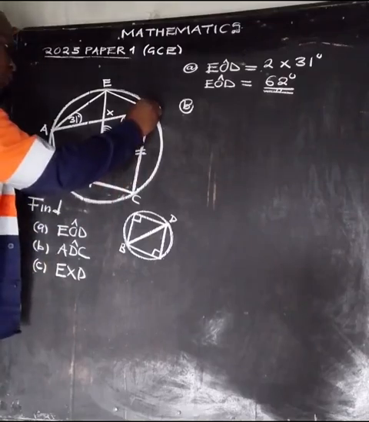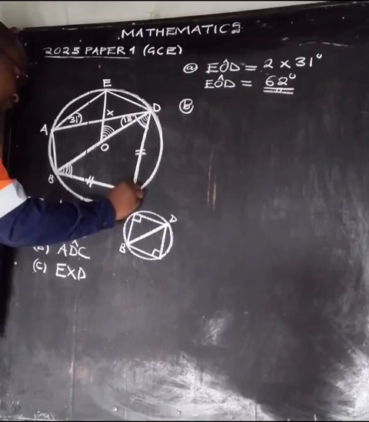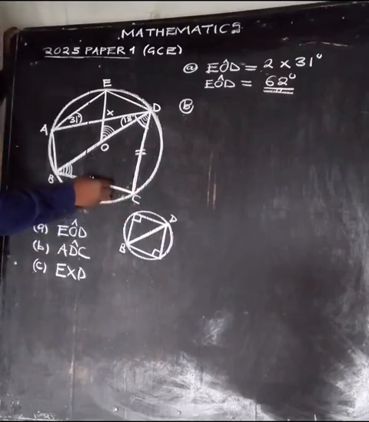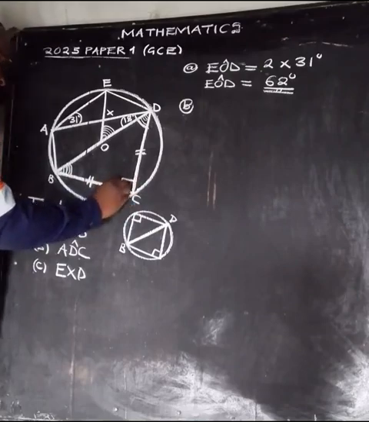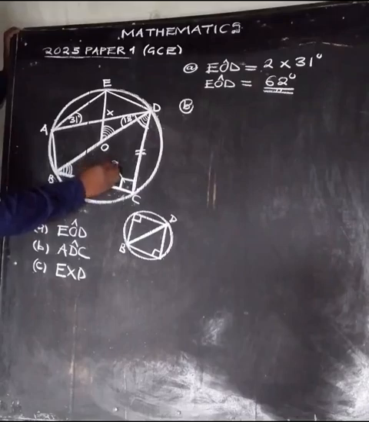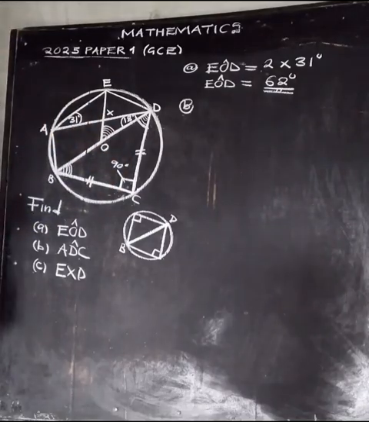As I move from this point to C and then tend to B, the angle formed is 90 degrees. So this angle is 90 degrees.